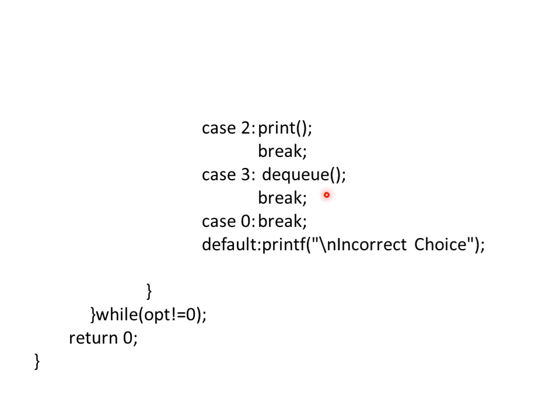Next, third case is dq, that is to delete an element which I want. Then last, here you can see case 0, that is default, that means if you press above 3 it will print incorrect choice. Here I have used a do while loop. Thank you.